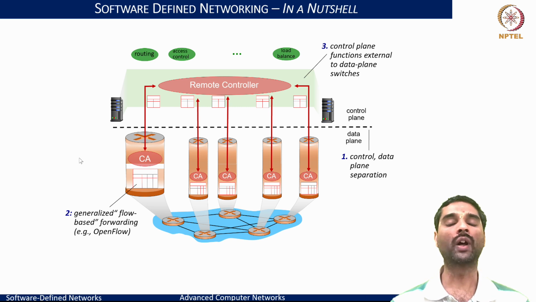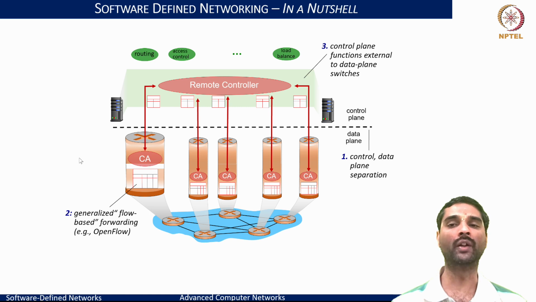You don't have to worry about the hardware aspects of these individual routers, from which OEM the routers are coming from. All of these can now get abstracted and built on top of the remote controller in a common fashion. And this is our third aspect of control plane functions now becoming external to the data plane switches.